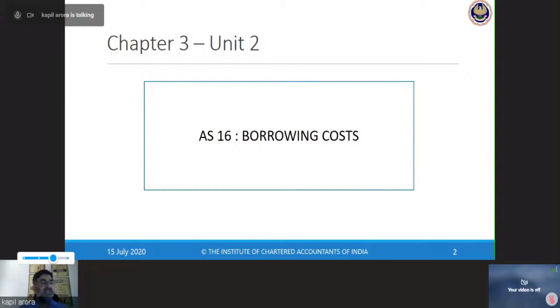Whereas the other dismantling cost is what we call decommissioning. We will dismantle the asset which you are constructing after the end of its useful life. It means that once the useful life is over, we will dismantle that piece also which you are constructing right now. That responsibility is on you.